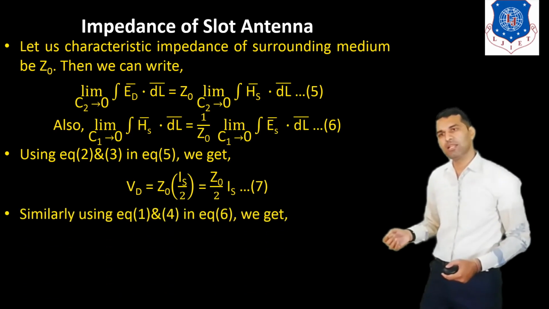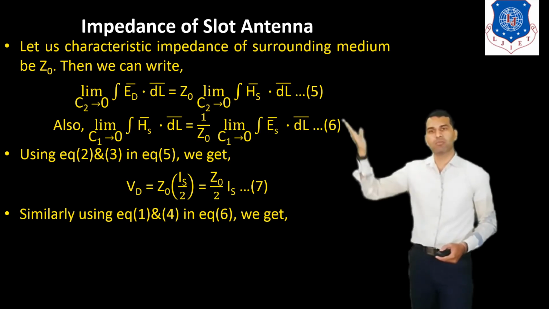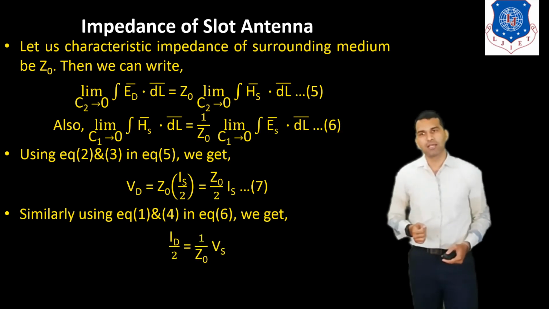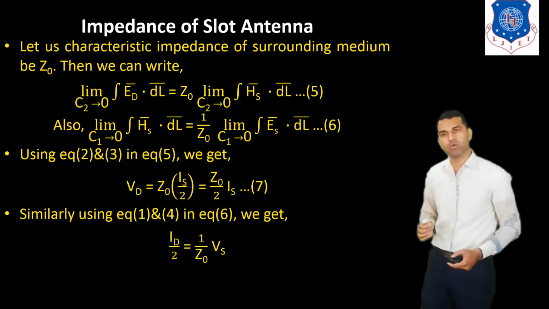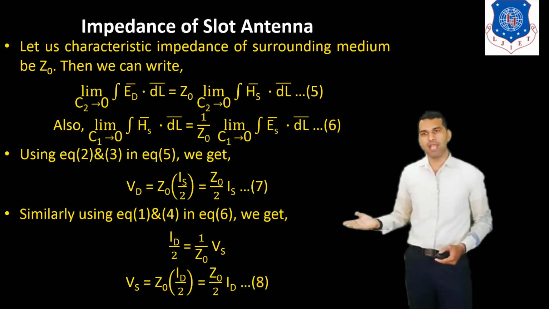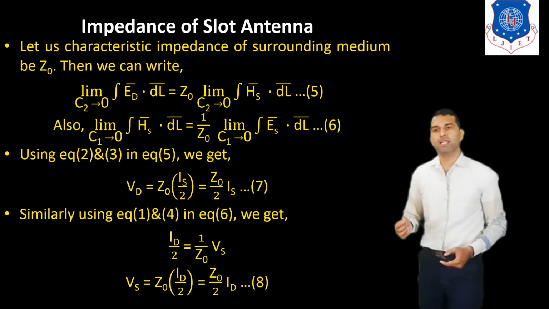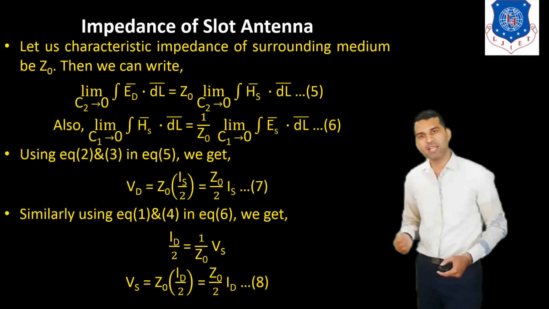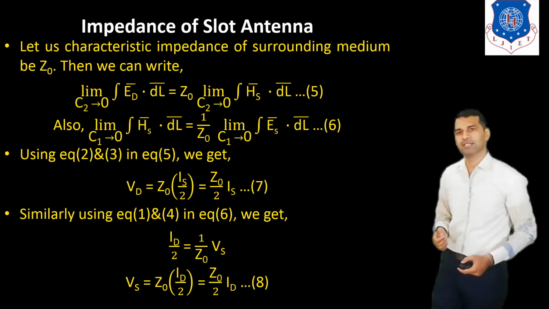Now, similarly, using equation number 1 and equation number 4 in equation number 6, we get Id by 2 is equal to 1 upon Z0 into Vs. So we can write simply Vs is equal to Z0 by 2 into Id.